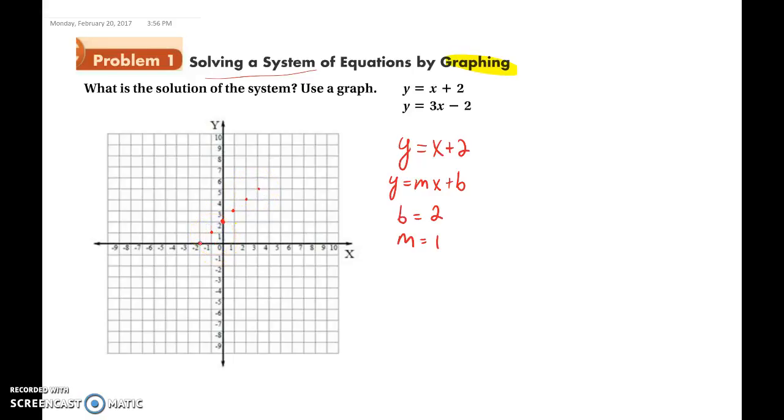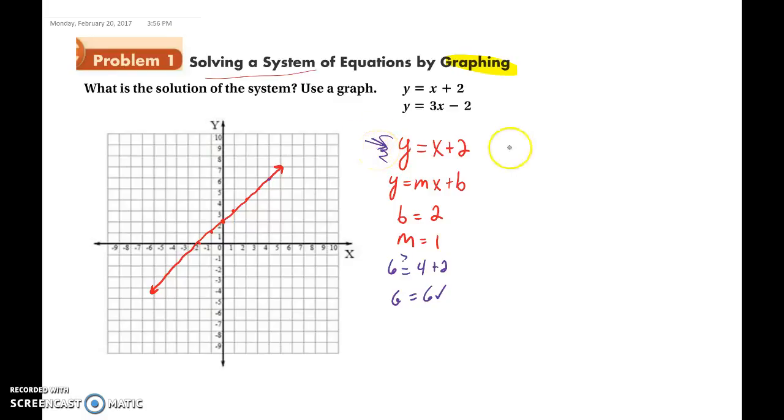So I know that this is my graph of the red equation. Any point that I pick on this red equation will satisfy this equation. For instance, if I pick this point, 4, 6, when we plug this in, 6 is equal to 4 plus 2. Yes, 6 is equal to 6. So any point that we pick on this red line satisfies this equation.